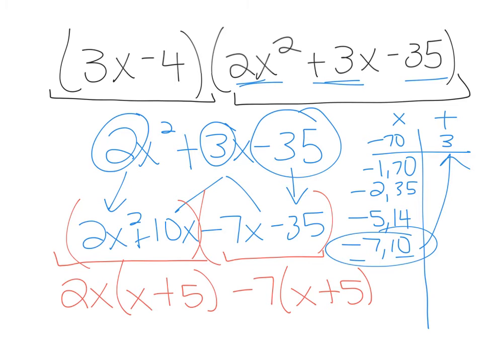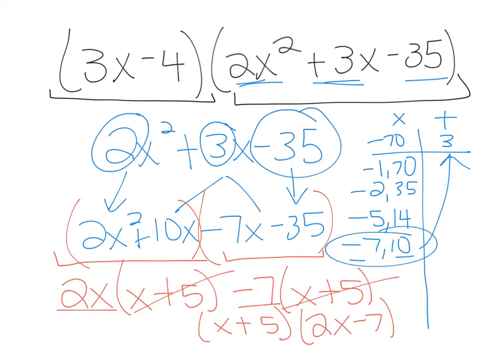If you compare the two groups, our common factor is x plus 5. And that leaves me with, on the outside in group 1 and in group 2, 2x minus 7. And again, remember that 3x minus 4 was one of our other factors, because that was our divisor that gave us a remainder of 0.